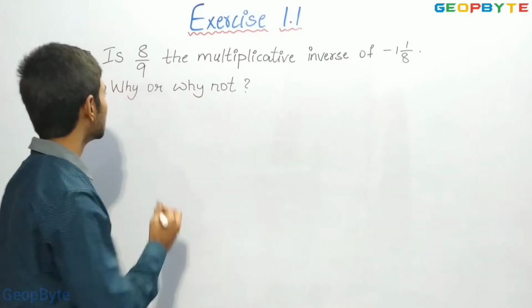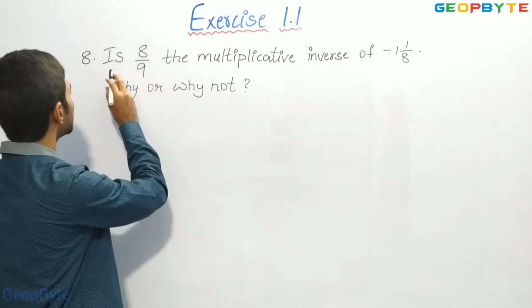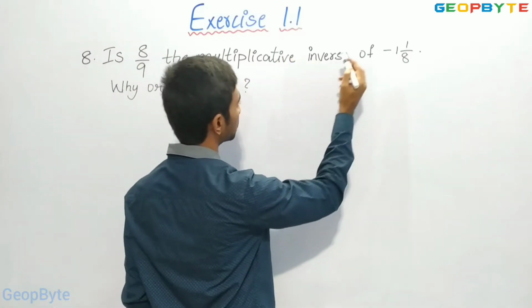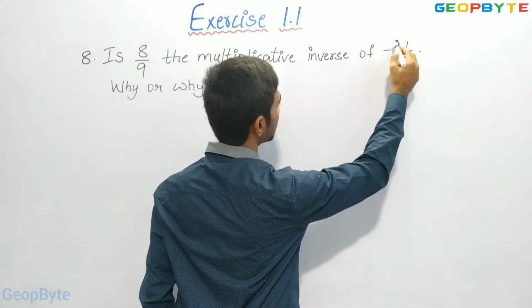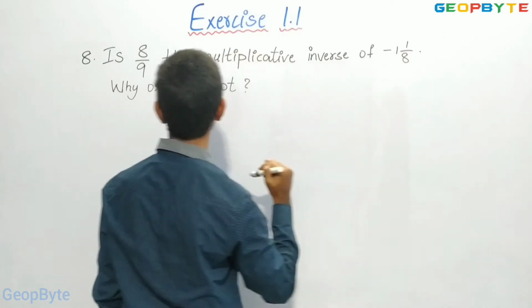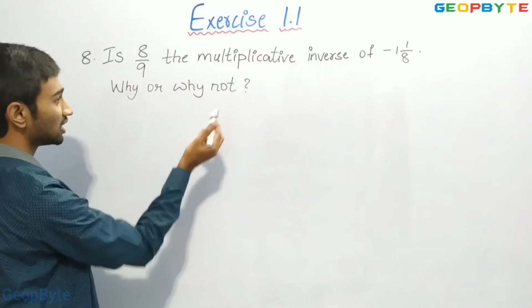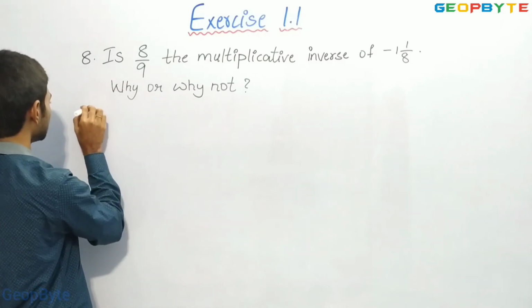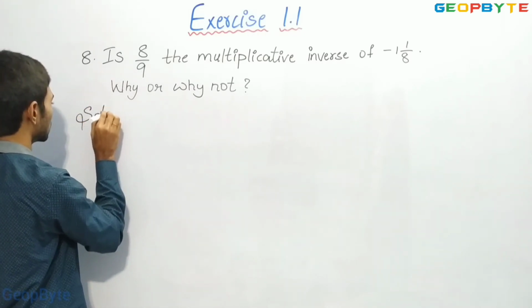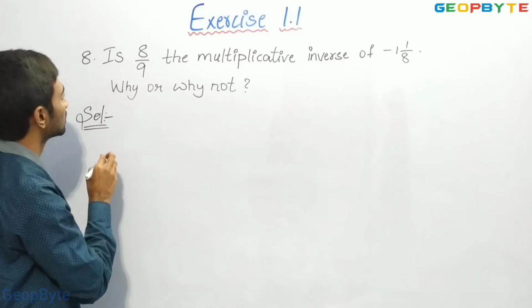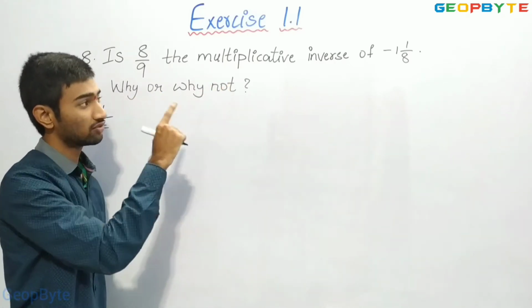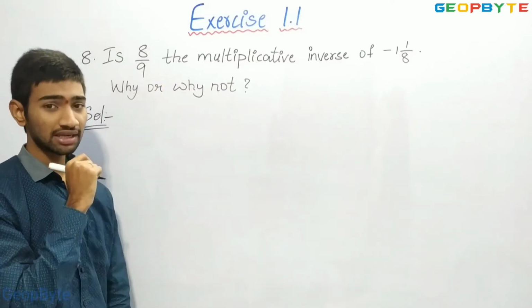Let us see the 8th question. Is 8 by 9 the multiplicative inverse of minus 1 by 8? Why or why not? Let us find the answer. Is 8 by 9 the multiplicative inverse of minus 1 by 8?